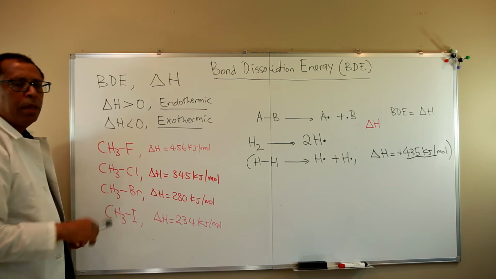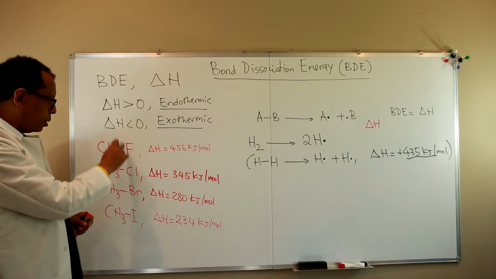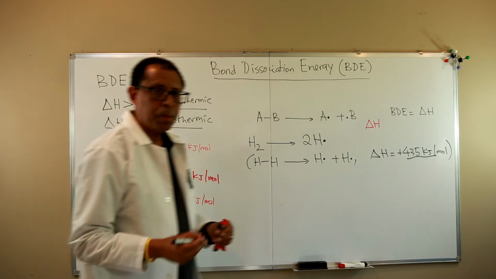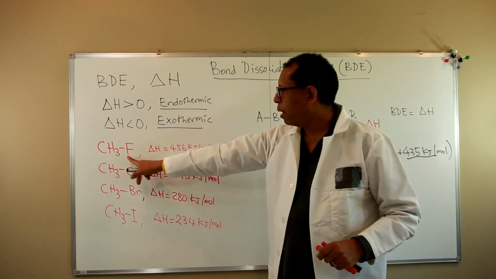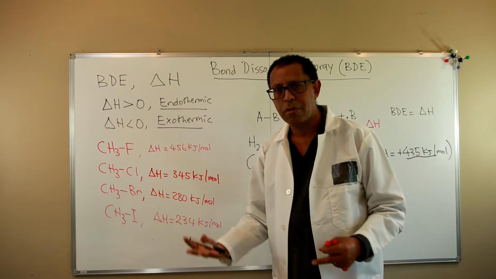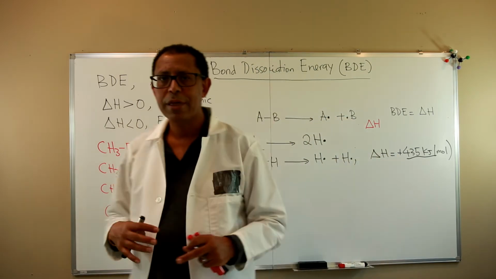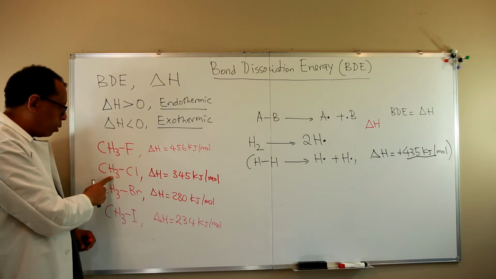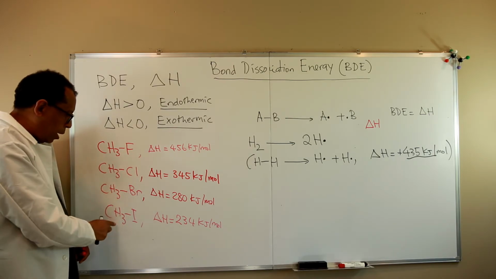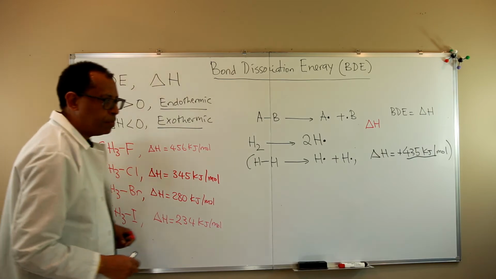These are all substituted alkanes. The simplest alkane, you remember, is methane, CH4, but here we have substituted alkanes called fluoromethane, chloromethane, bromomethane, and iodomethane.